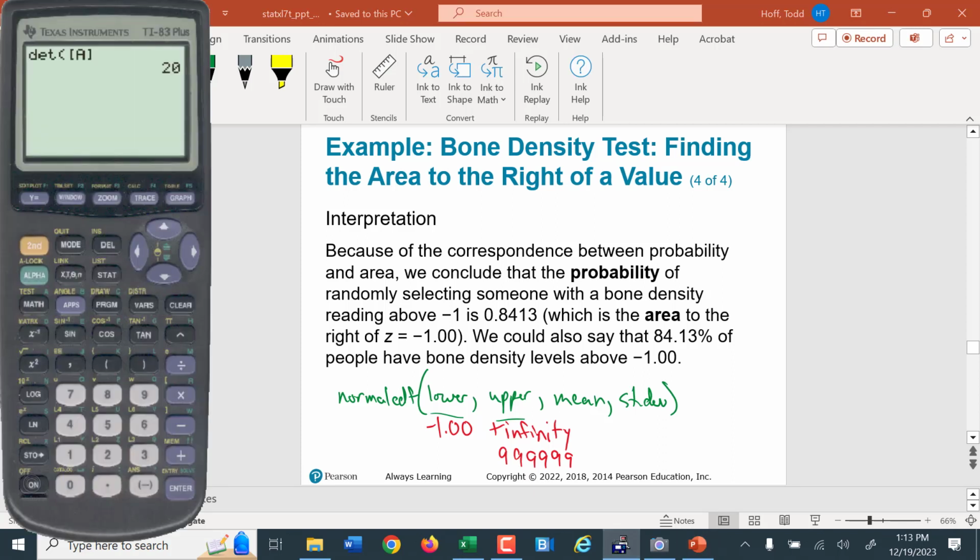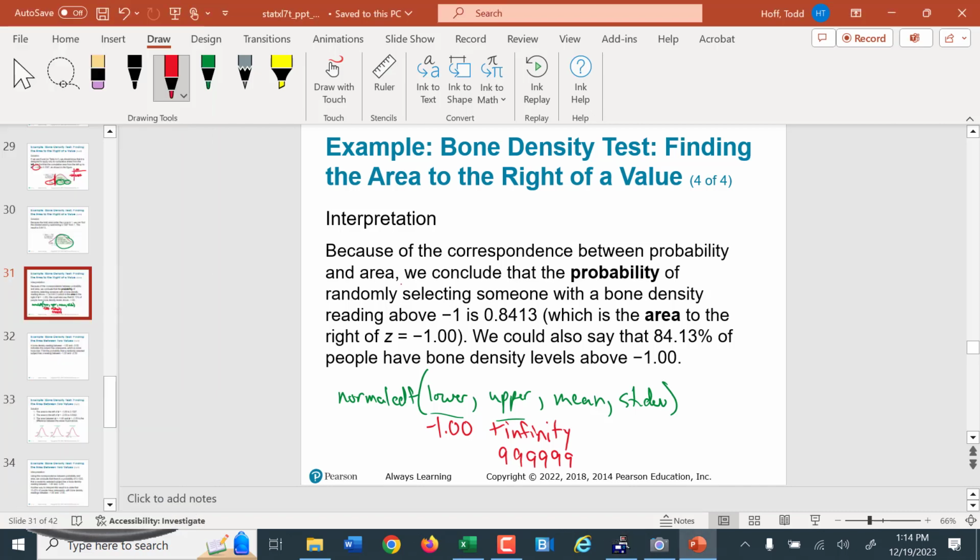So on the calculator, it'd be second distribution, to go to the distributions. Option 2 is normal CDF from -1 to positive infinity. I don't need to put a plus in front of it, it's just infinity. So 6 nines with a mean of 0 and standard deviation of 1, and I get that same probability, 0.8413.